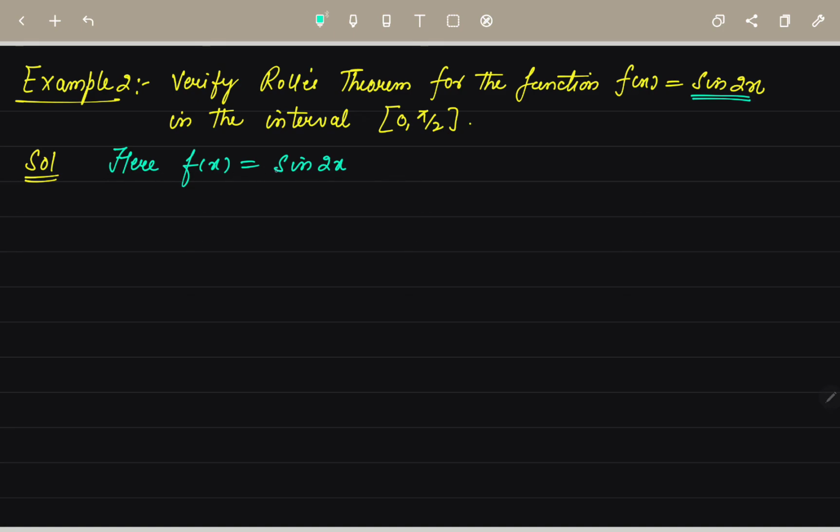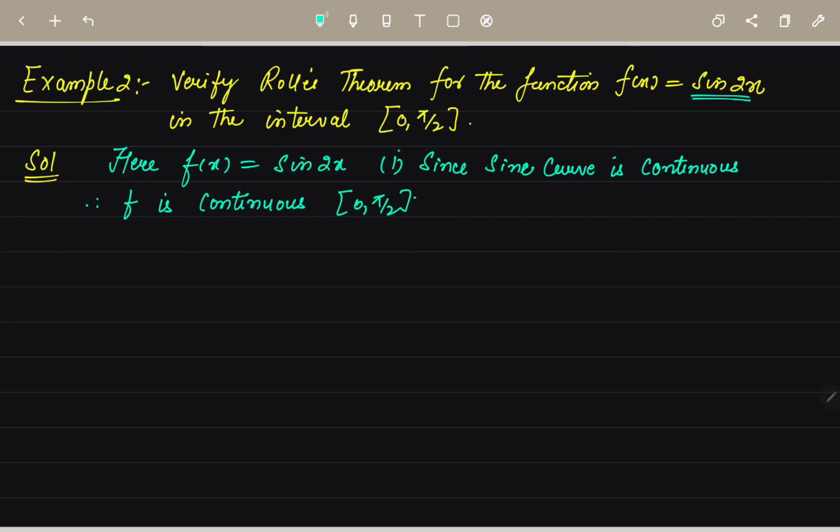The function given is sin 2x. Since the sine curve is continuous, we know that the sine and cosine functions are continuous, therefore f is continuous in the closed interval [0, π/2].